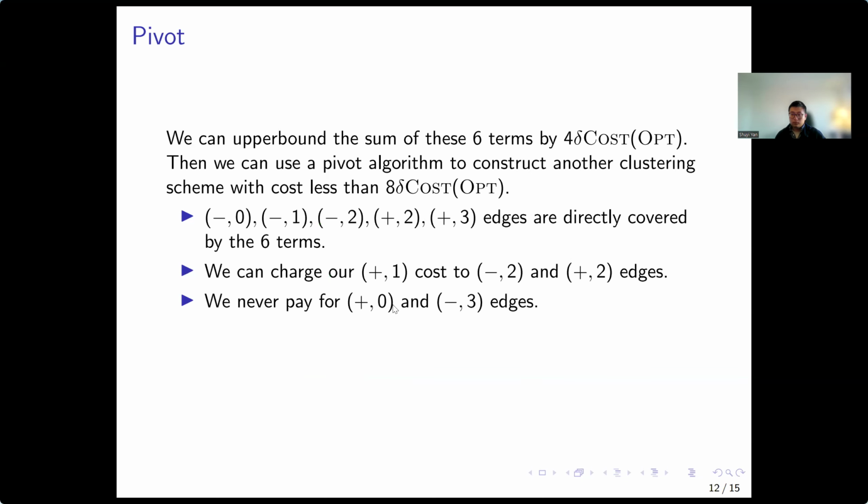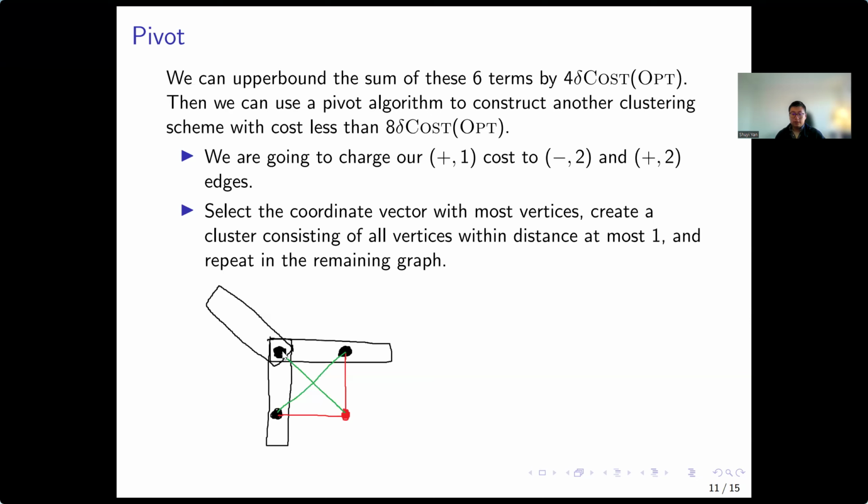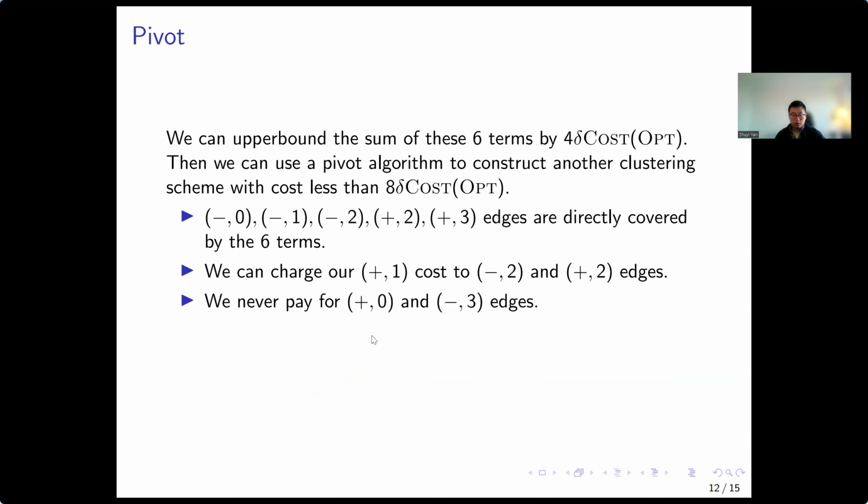So we can charge our +1 cost to distance 2 edges, and we will never pay for +0 and -3, because distance 0 pairs are always together and distance 3 pairs are never together.